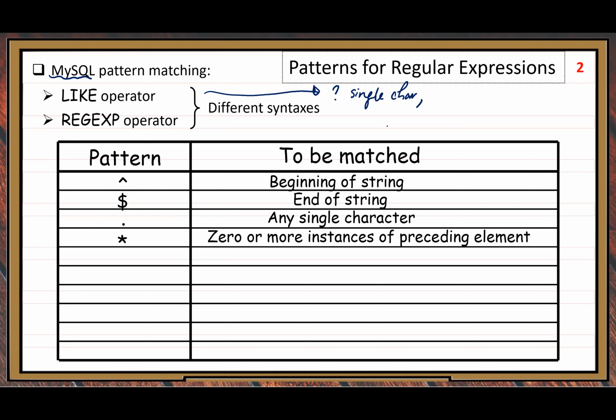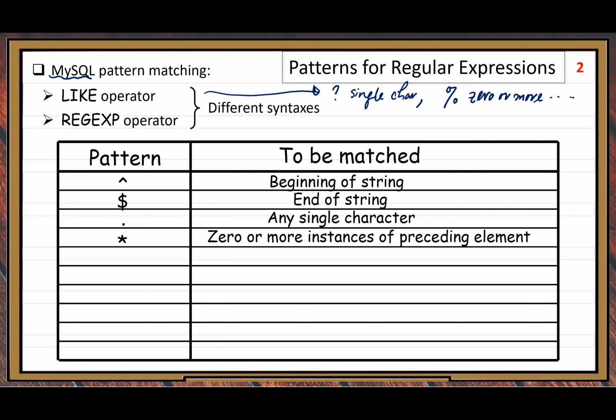Then, 0 or more instances. If we go to the LIKE operator, for the same thing we use the percent sign. The percent sign matches 0 or more instances. So when you use a different operator, the syntax could be different.